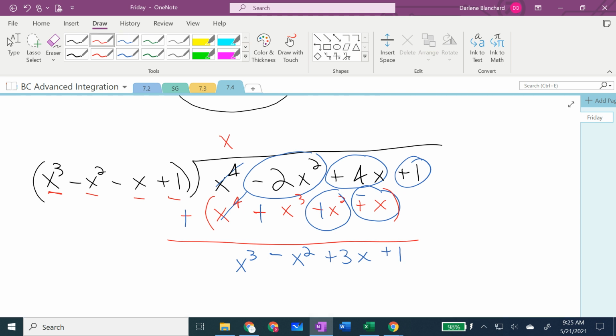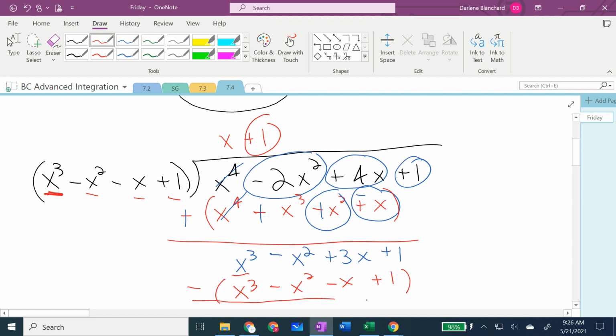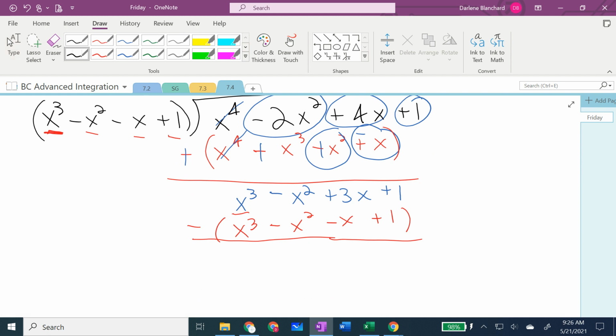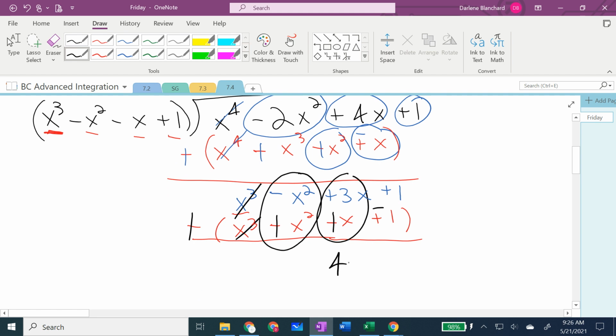Then I'm looking at what can I multiply x cubed by to give me x cubed. And then I'm going to take that 1 and distribute it. But I'm subtracting. And I'm going to add the opposites. So then adding together, these two add up to make 0, these add up to make 4x, and then these add up to make 0.